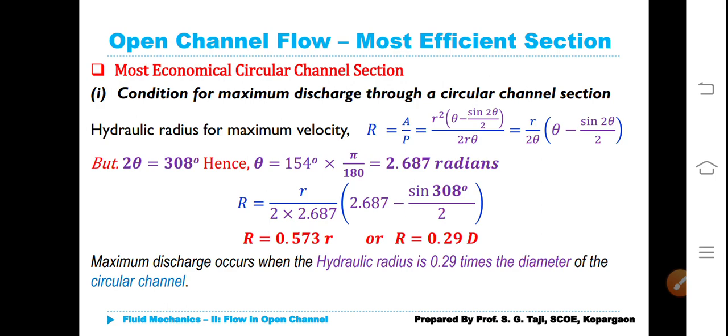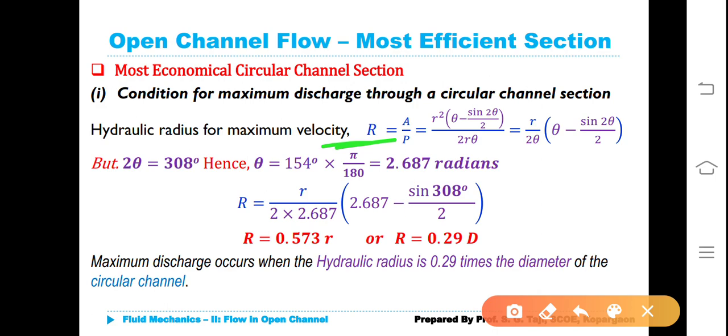Now, further, based on hydraulic radius for maximum velocity, also we can arrive at the condition, that is capital R, hydraulic radius or hydraulic mean depth, A by P. If you substitute area and wetted perimeter in this equation, we get 2 theta is equal to 308, we have arrived just now in the last slide.